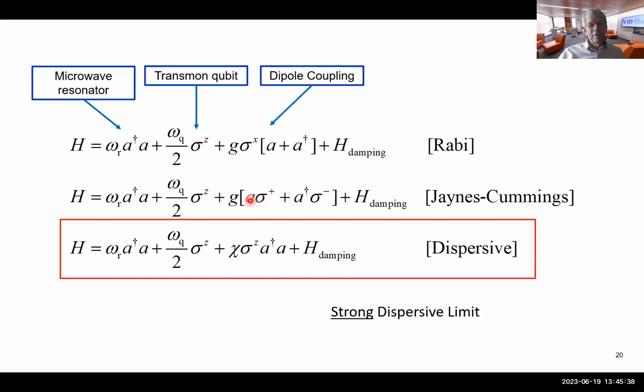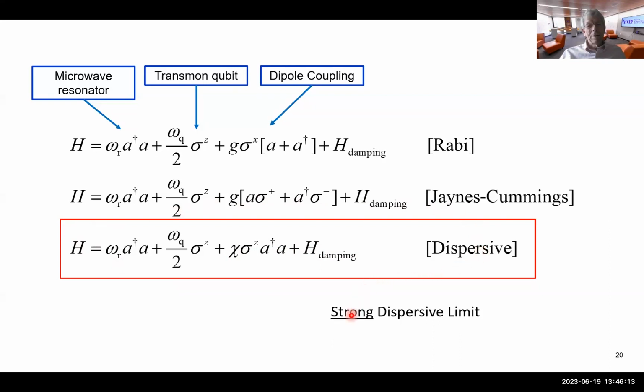This term can't really act in first-order perturbation theory very well, because when you excite the atom and de-excite the cavity, the total energy changes a lot. But you can do it virtually. You can transfer the energy from the atom to the cavity and quickly bring it back again. And in second order perturbation theory, you get this term, chi sigma z a dagger a. And this is the so-called dispersive approximation.